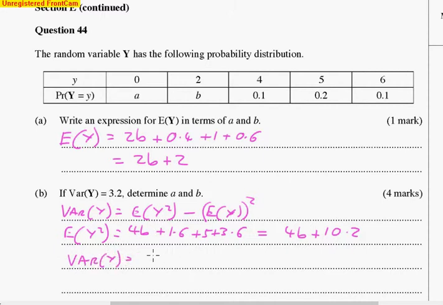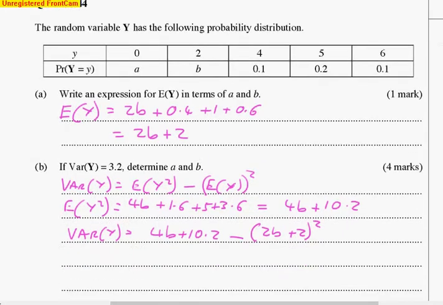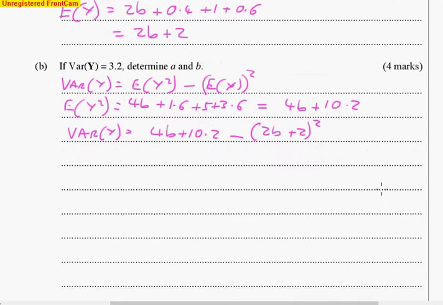So that is the 4b plus 10.2 minus the expected value, that's that lot, 2b plus 2 squared. It's not looking particularly pleasant, and that lot equals 3.2.